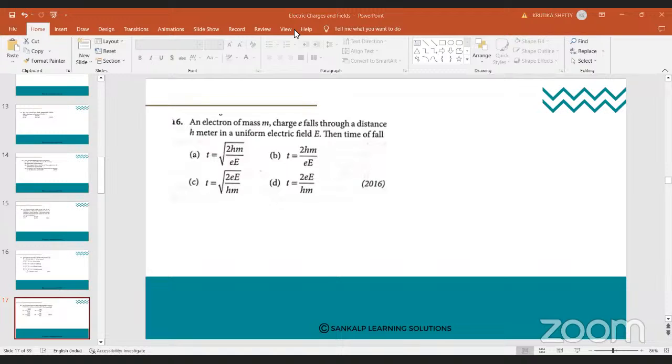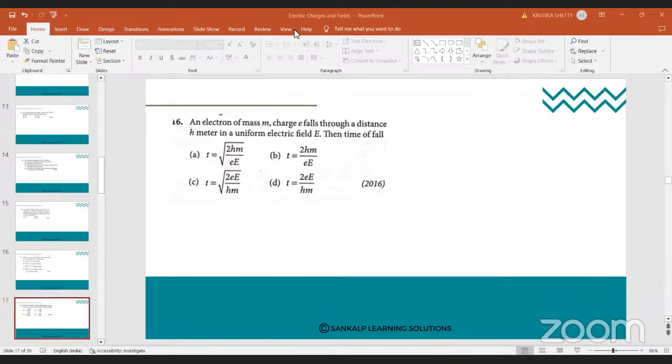We have three equations of motion: v is equal to u plus at, s is equal to ut plus half at square, and v square minus u square is equal to 2as. According to that, we can write here.